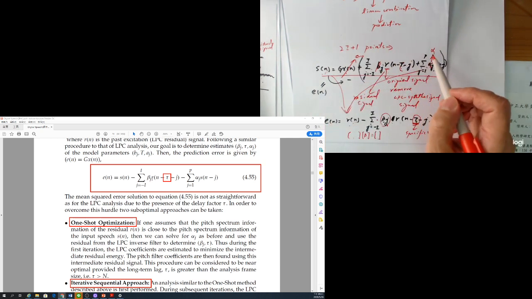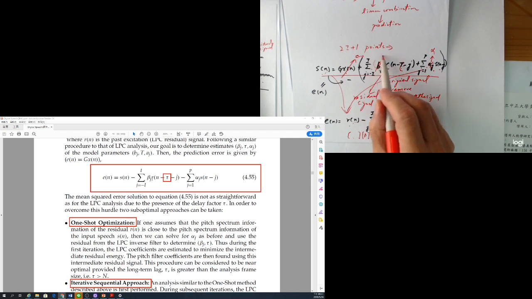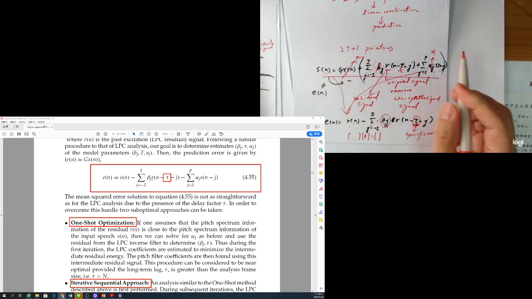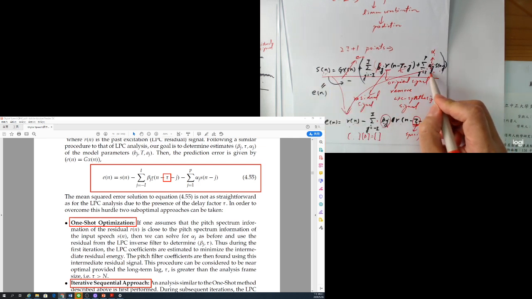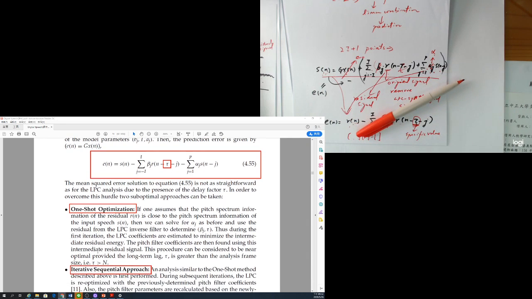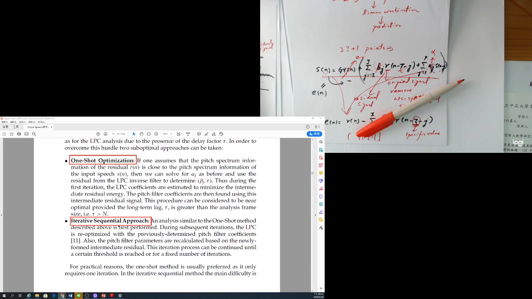So it's more like an iterative approach. After one shot, we have this data, and then we subtract again and try to optimize. So we call it iterative: it includes many one-shot optimizations to do the work.